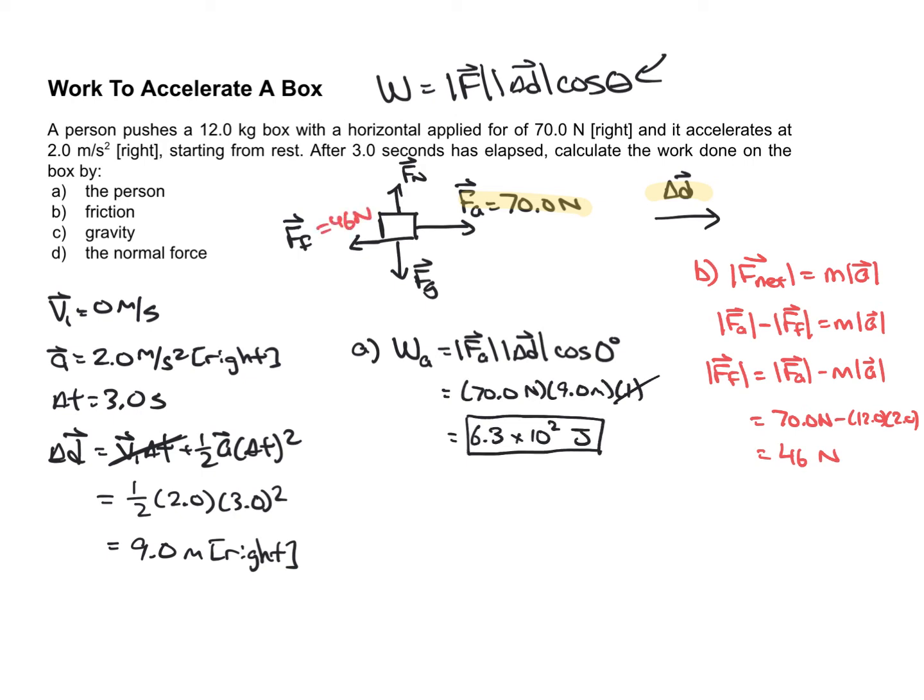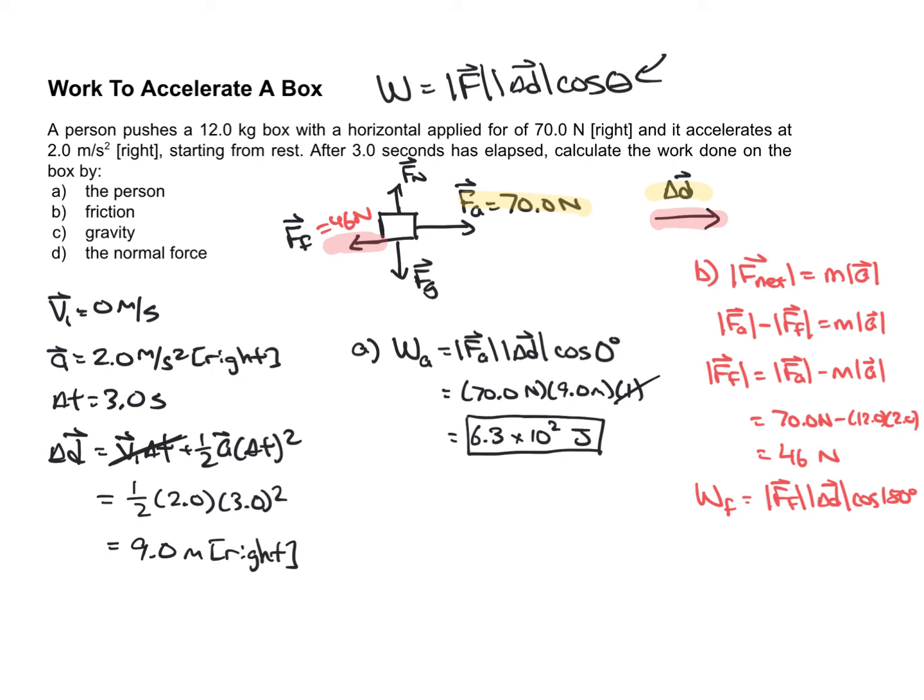Now I can find out the work done by friction. So W sub F will equal the force of friction times the displacement times cosine of 180 degrees. 180 degrees because friction is left and the displacement is right. They're in perfectly opposite directions.